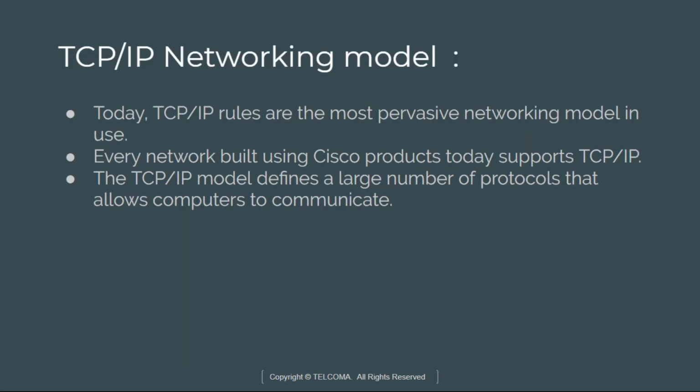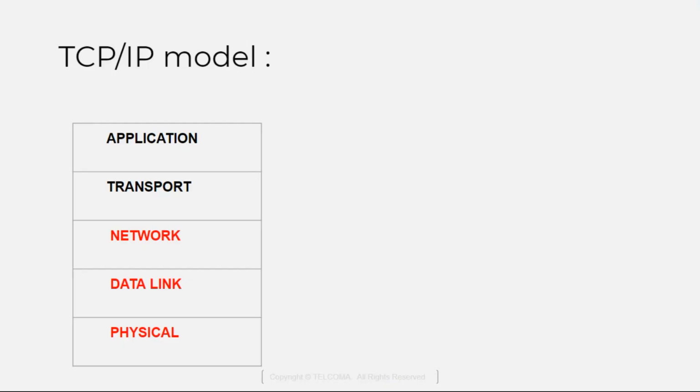Today, TCP/IP is the most pervasive networking model in use. TCP/IP is on every computer operating system, from mobile phones to mainframe computers. Every network built with Cisco products today supports TCP/IP. This model defines a large number of protocols that allow computers to communicate.